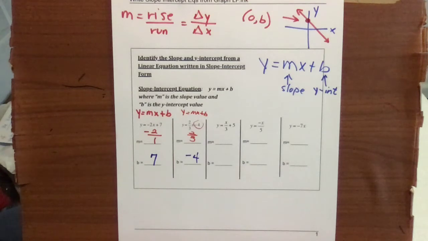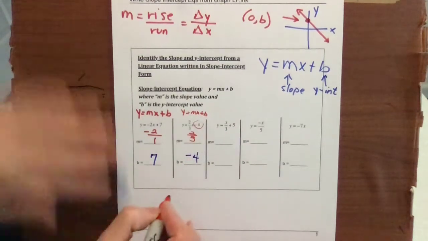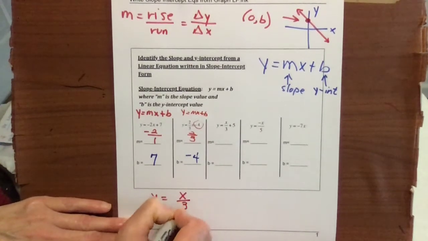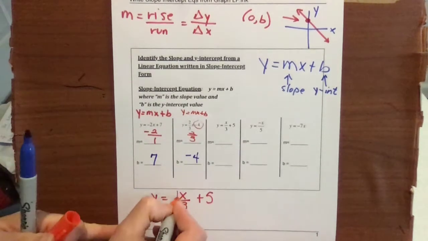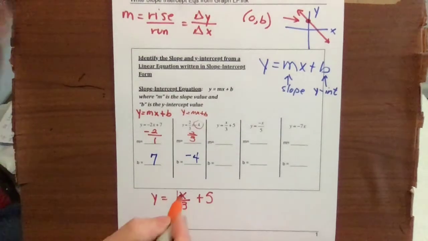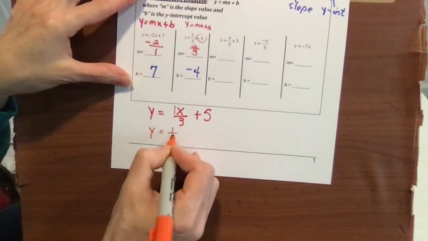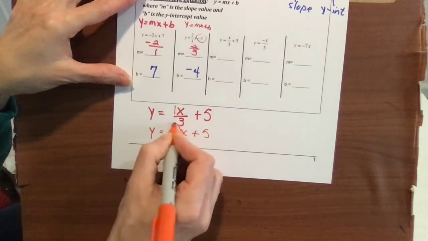All right, our next equation is y equals x over 3 plus 5. So I'm going to write that a little larger down here. Now we need a coefficient in front of our x, so it's 1. So what we're going to do is we're going to separate out our slope, 1/3 x plus 5. So this would be our slope.